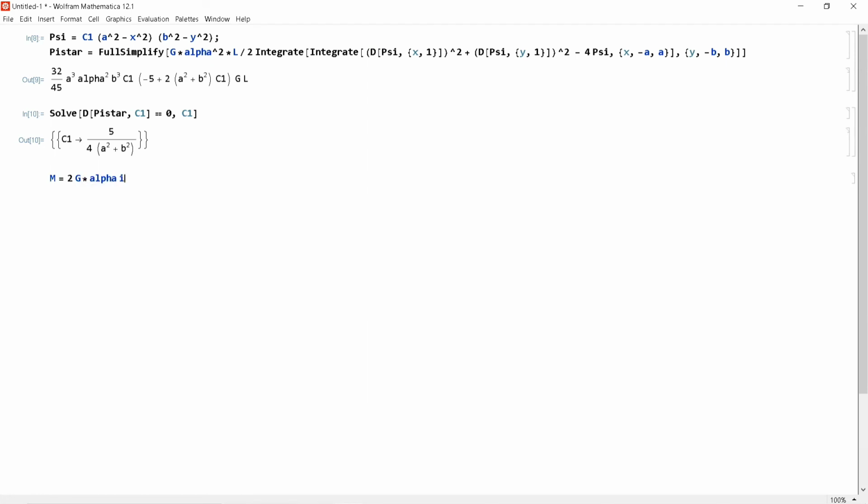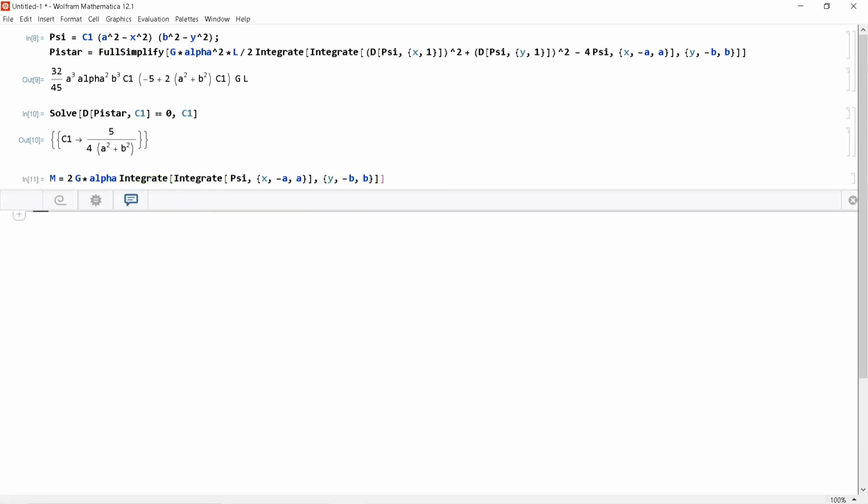And now I have to integrate again over the domain. So I'll borrow this really quick. It's not correct, it's not all this, but I'll just do this to save time. And all I have to integrate now is C in here. Just trying to save time. So 2G alpha, and I have to integrate over the cross section.